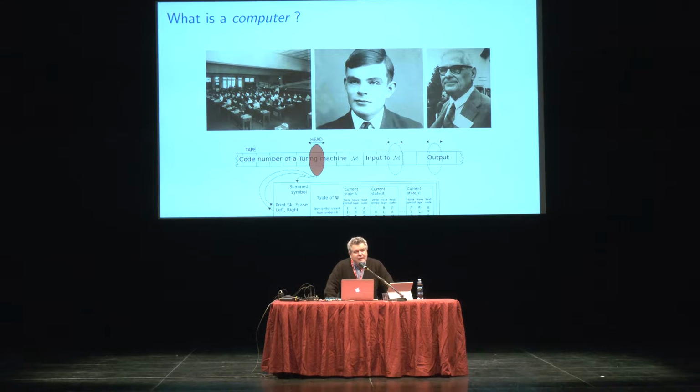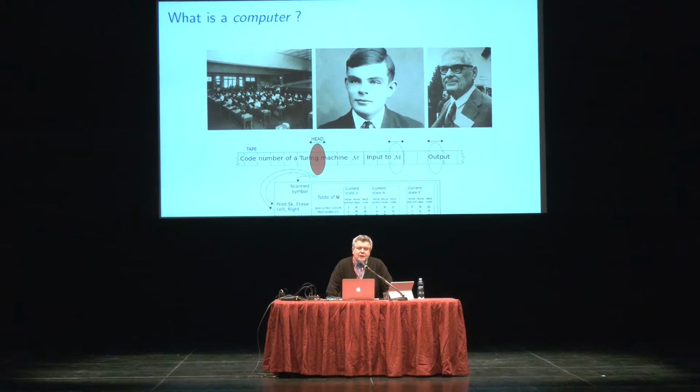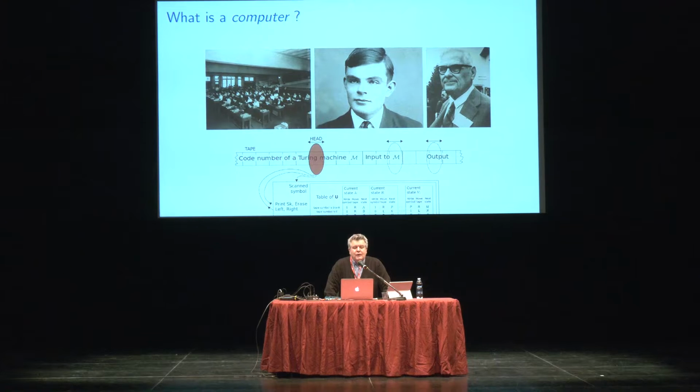And then he discovered that he was able to create a universal Turing machine. A Turing machine that was able to interpret, so to speak, the description of another Turing machine. So it was universal in the sense that you just have to program it to have the behavior of a different machine. And so this is the idea of a universal computer.